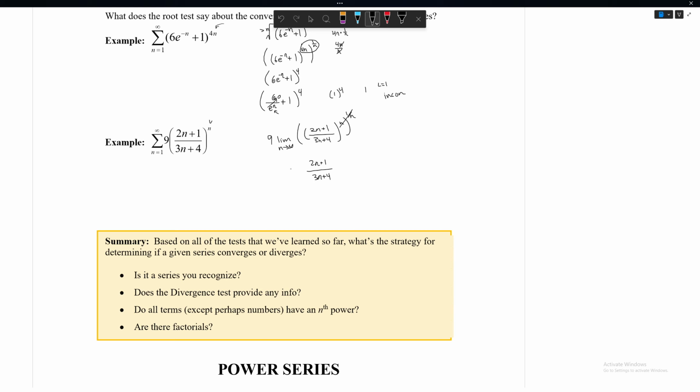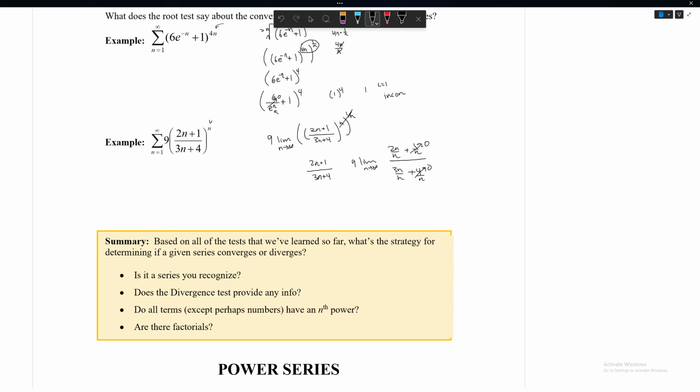Now before you take your limit, obviously this is infinity over infinity. And so what you'll do is divide everything by the highest power in the denominator, and that's just n. So I'll do 2n divided by n plus 1 divided by n, over 3n divided by n plus 4 divided by n, and then take my limit. Obviously I got a 9 here. And as you can see, this goes to 0 now.